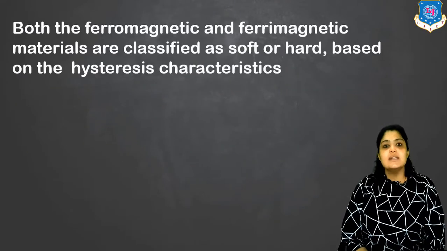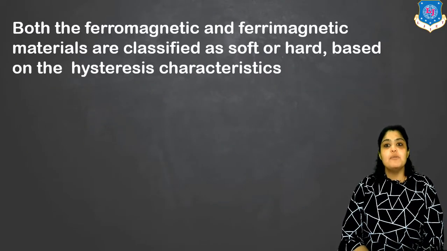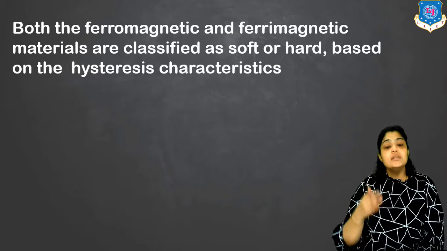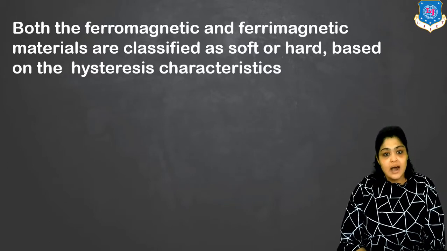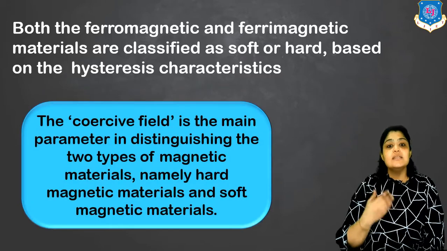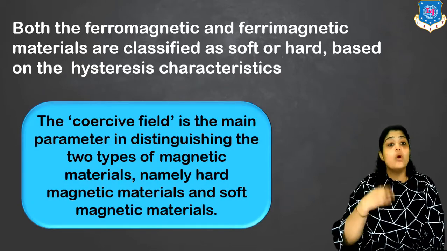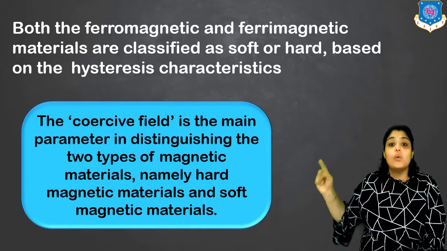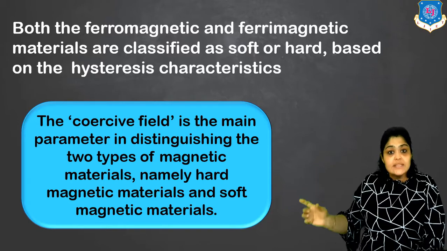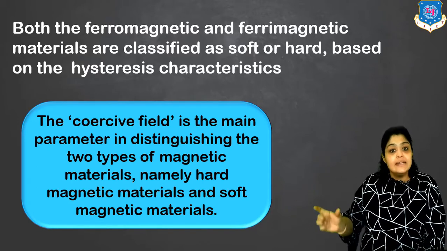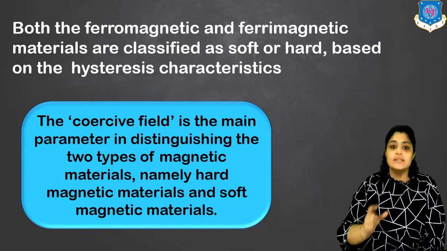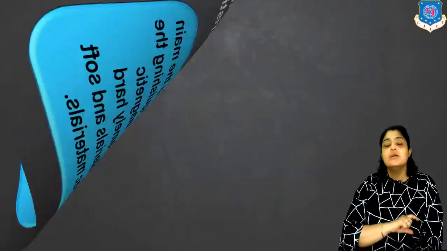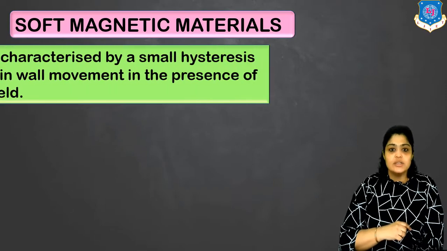So let's start discussing what these types of materials are. Both ferro and ferrimagnetic materials are classified as hard and soft depending upon the hysteresis characteristics. Which characteristic? The coercive field. Because the coercive field is the main parameter in deciding whether a magnetic material is hard or soft. So let's start with the classification.